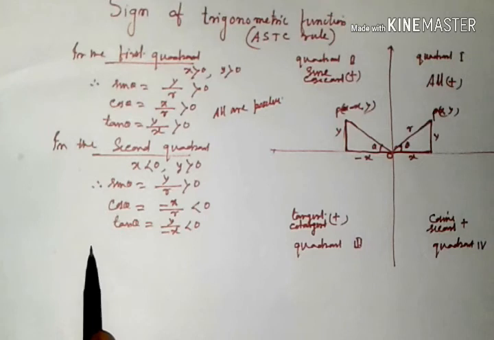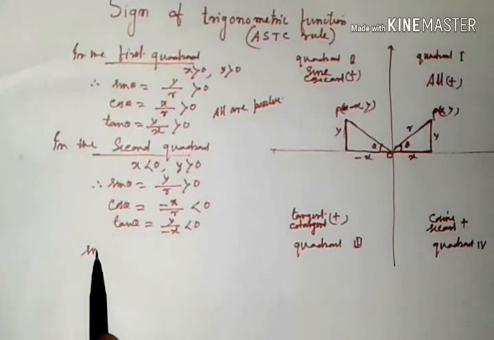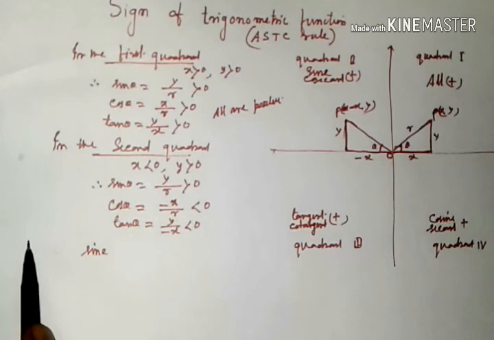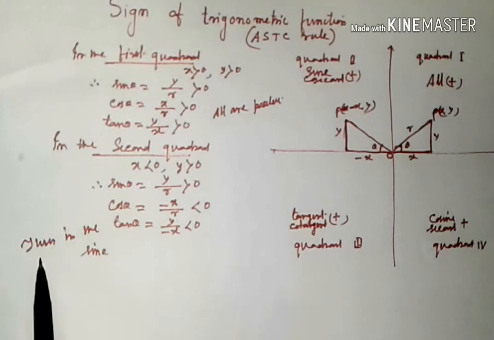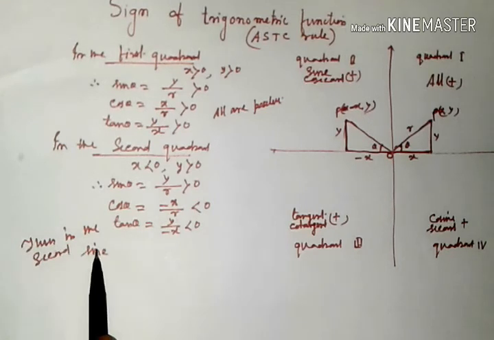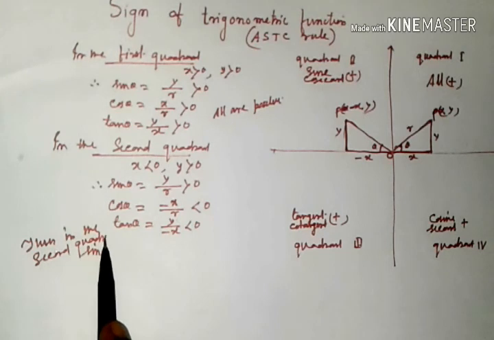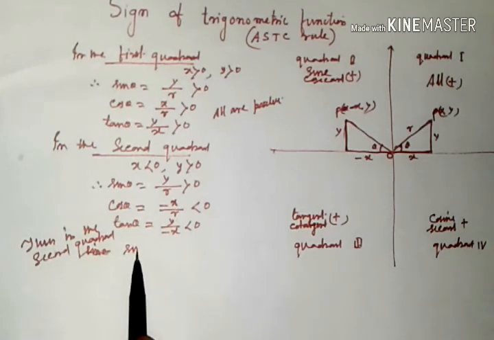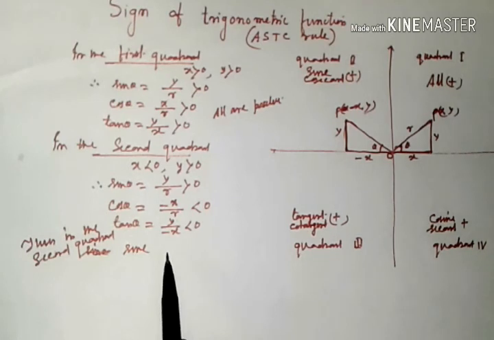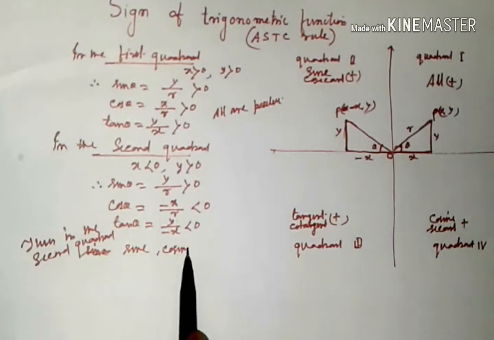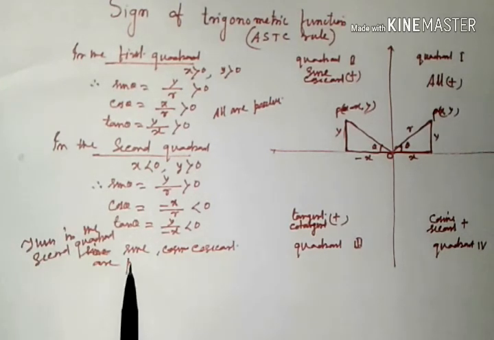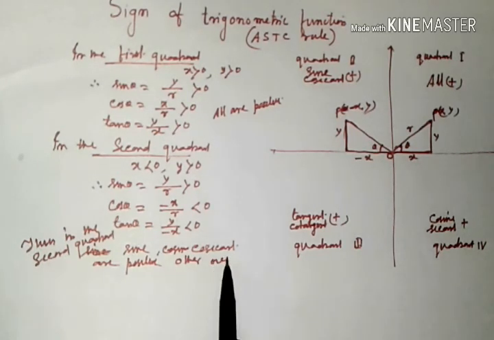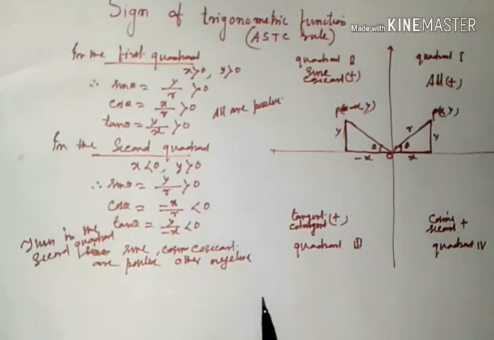In the second quadrant, sin and its reciprocal cosecant are positive, other negative in the second quadrant.